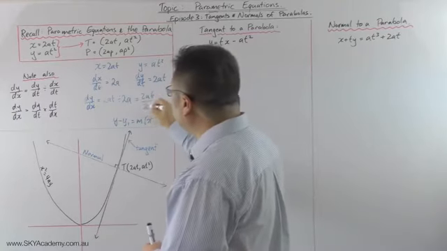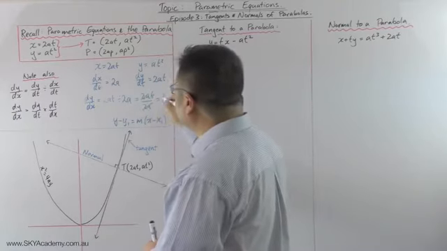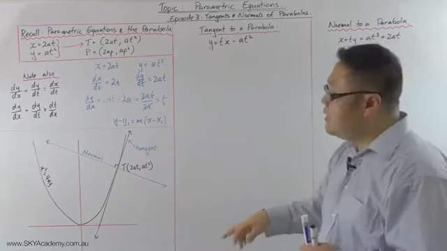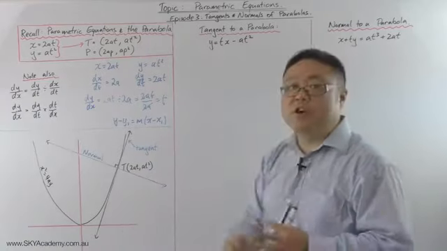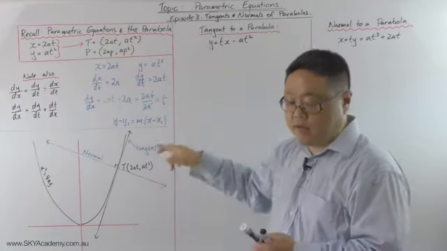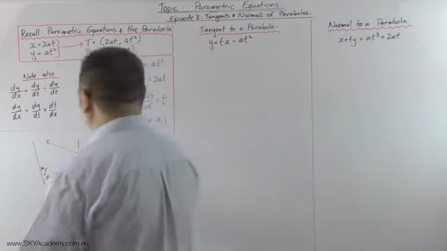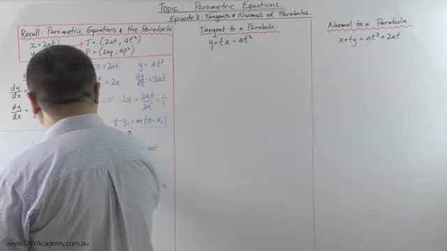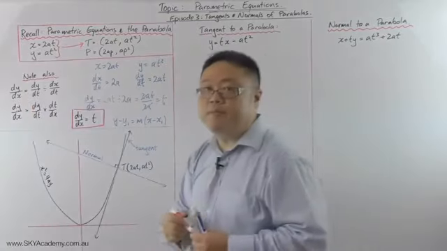The 2a's cancel and you're left with t. What I want you to notice is that for the tangent, your gradient, or first derivative, is going to be t. Let me write that down: dy/dx will be equal to t.